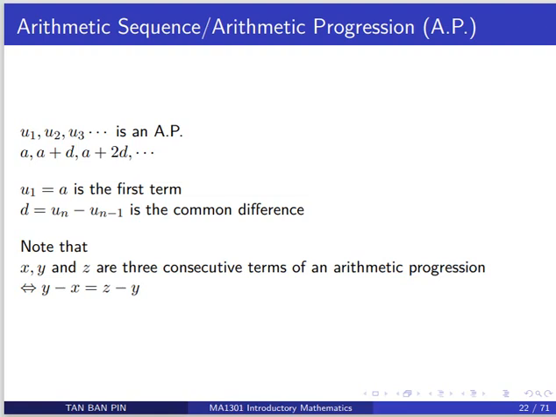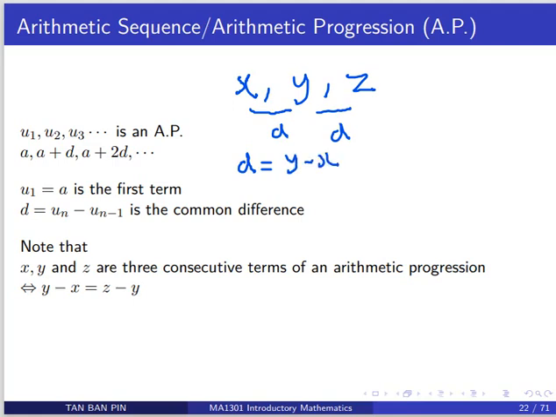Next, we would like to observe a special result. If x, y, z are 3 consecutive terms of an AP, then you can form an equation. If x, y, z are 3 consecutive terms of an AP, then you should expect the gap is D. So we can say the common difference D is given by y minus x.